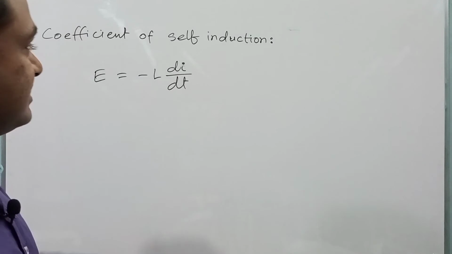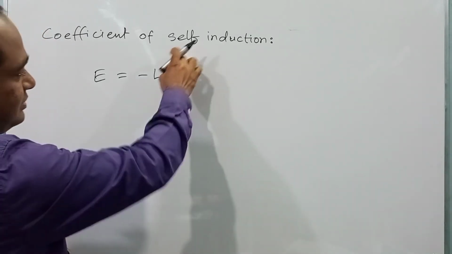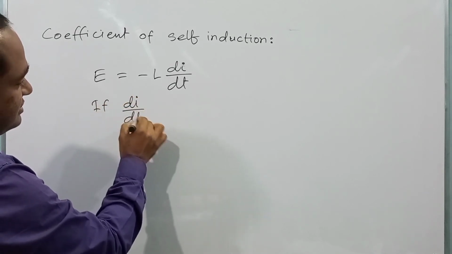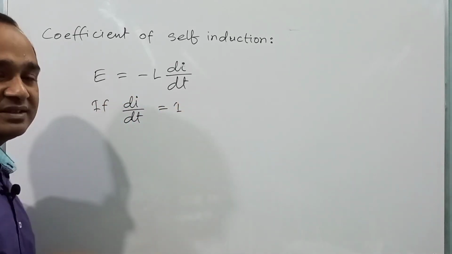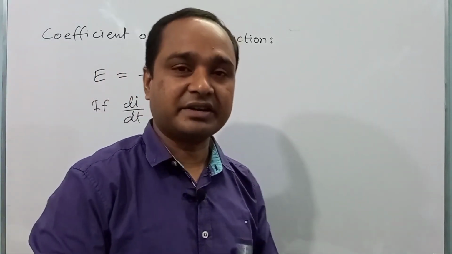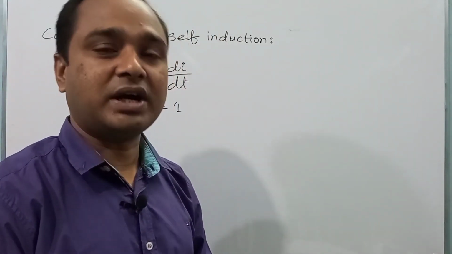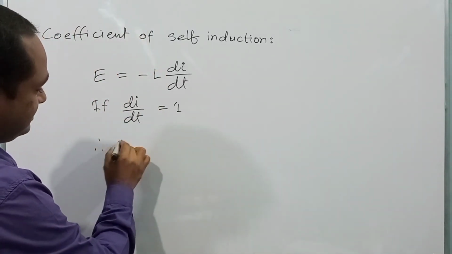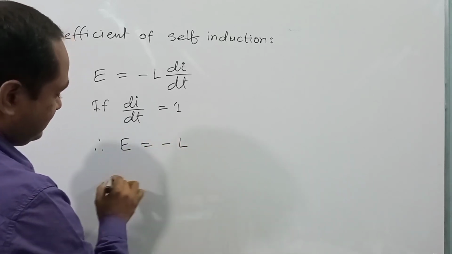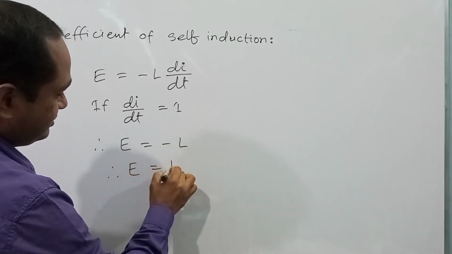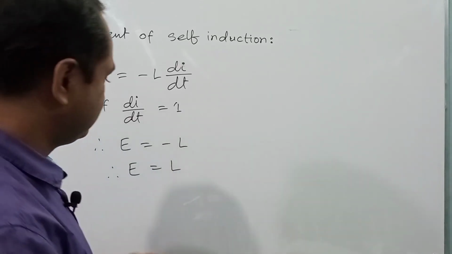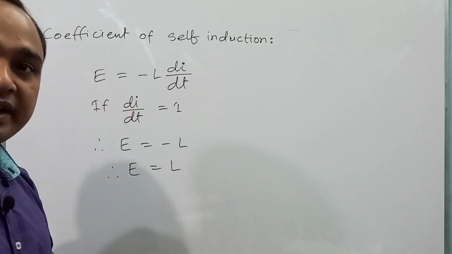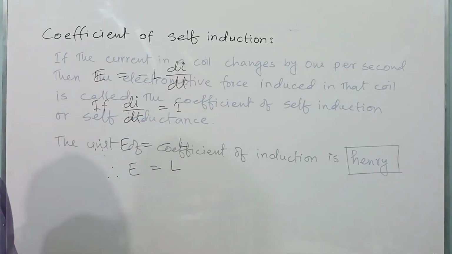Dear student, in this expression, if di by dt is equal to 1, that is, if the rate of change of current is 1, then we can write that E is equal to minus L, or numerically E is equal to L, right. So, from this expression we can give the definition of self-inductance or coefficient of self-induction.